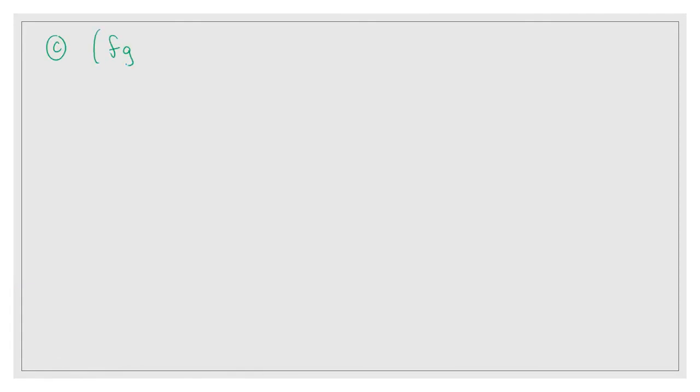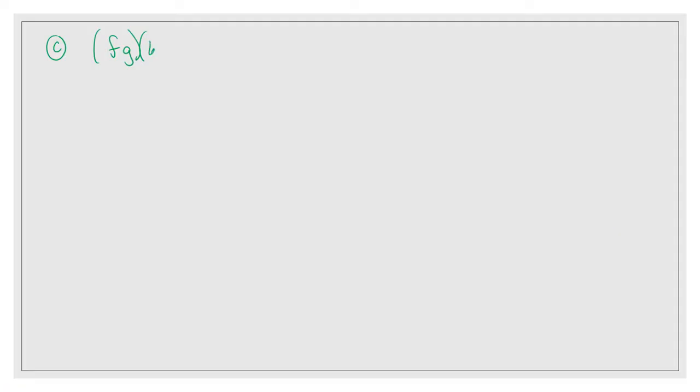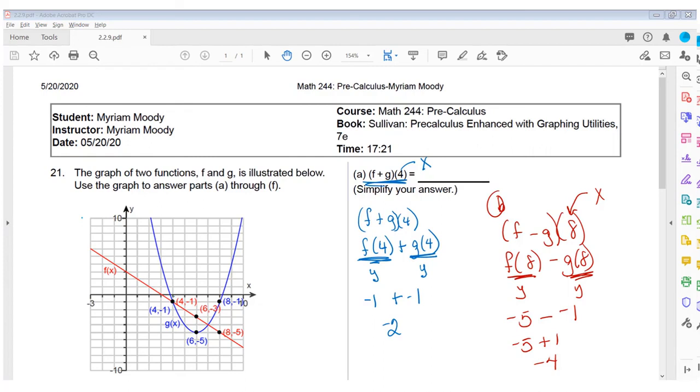F times G of 6. So remember, in this case, the 6 represents x, doesn't it? So that means I want to do f of 6 times g of 6. This is the y value for the f. This is the y value for the g. So let's go take a look.